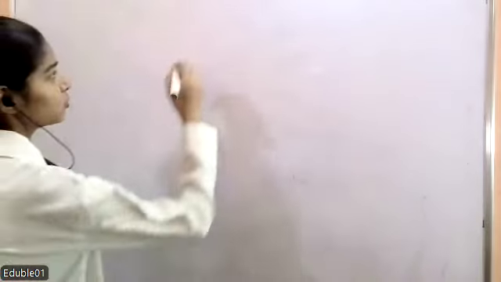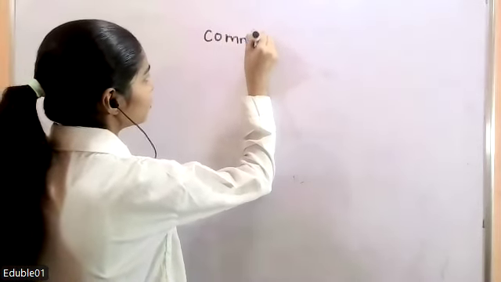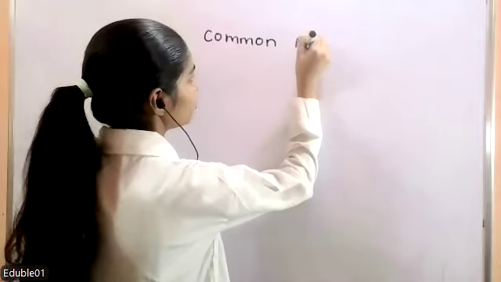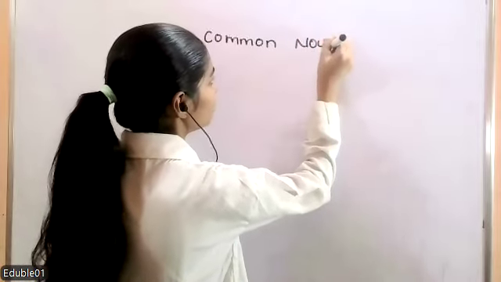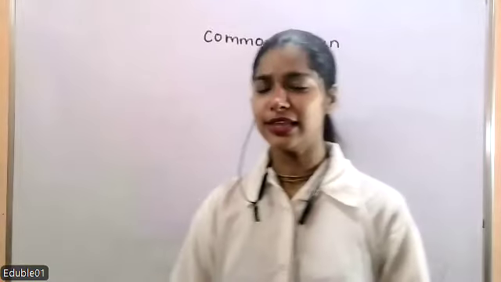So let's get started. The first type of noun we are going to do today is the common noun. What is a common noun? Let's think I'm just saying, hi kids.